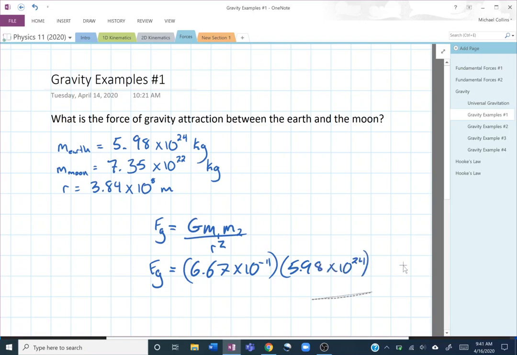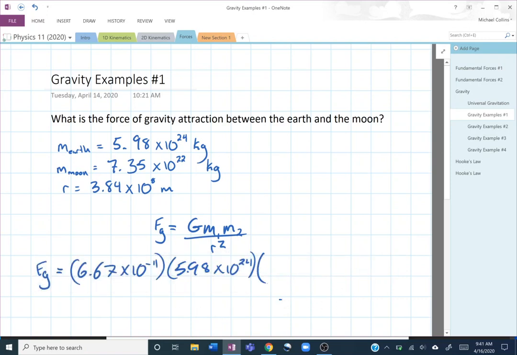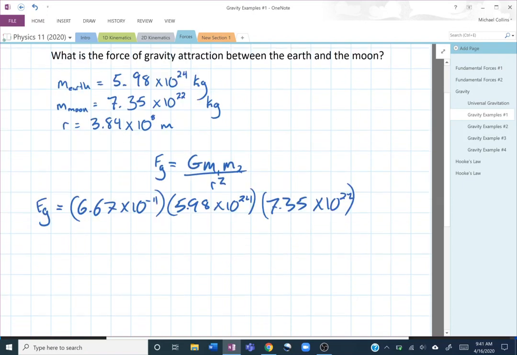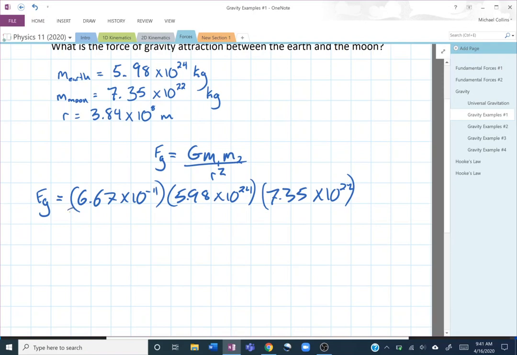And I'm running out of space again, so I'm going to move that over. Times 7.35 times 10 to the 22, all divided by this 3.84 times 10 to the 8. And do not forget to square that.